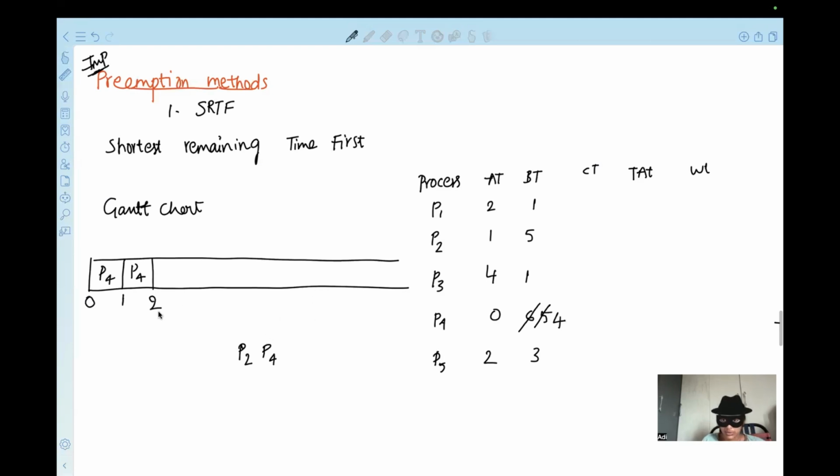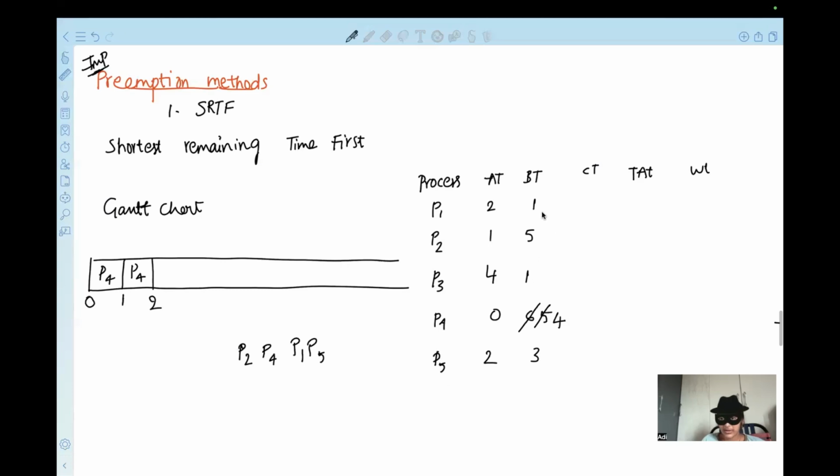So at 2, what are the processes we have? P2 is there, P4 is there, and at 2 we can see P1 and P5 also. So P2, P4, P1, P5. Now again we'll compare the burst times because we have four processes to choose from for the CPU.